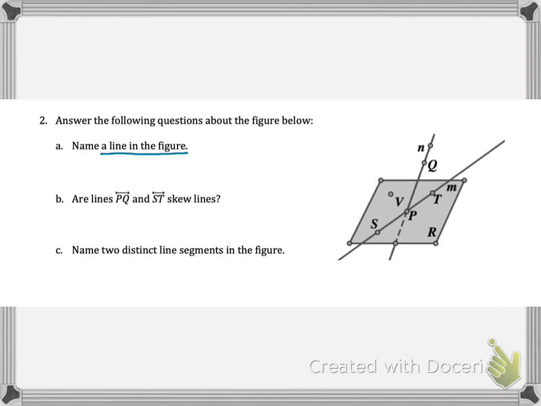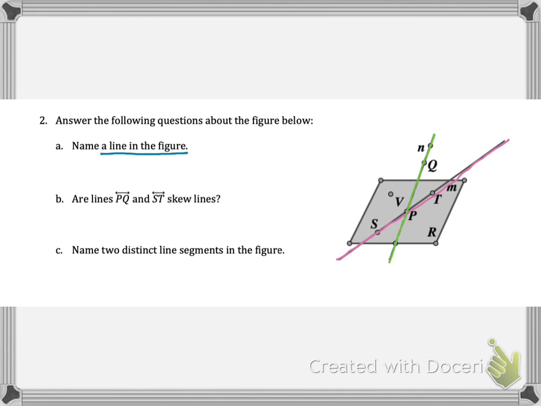I can see 2 very distinct lines that have been drawn in. The first is this line I'm trying to draw over in pink, and then the second is a line that I'm going to draw over in green. These are the 2 distinct lines that have been drawn into your picture.